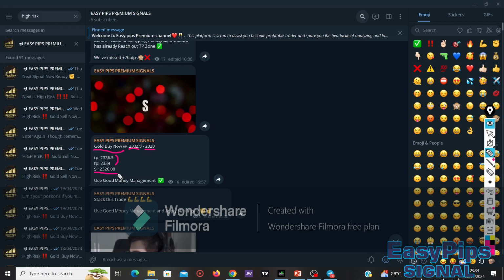And also, from the stop loss, you find that the stop loss must be below the zone value that is given. Now we're having 2326.00 as against 2332.9 to 2328. So if we are to demonstrate this, going to our MT4 platform.